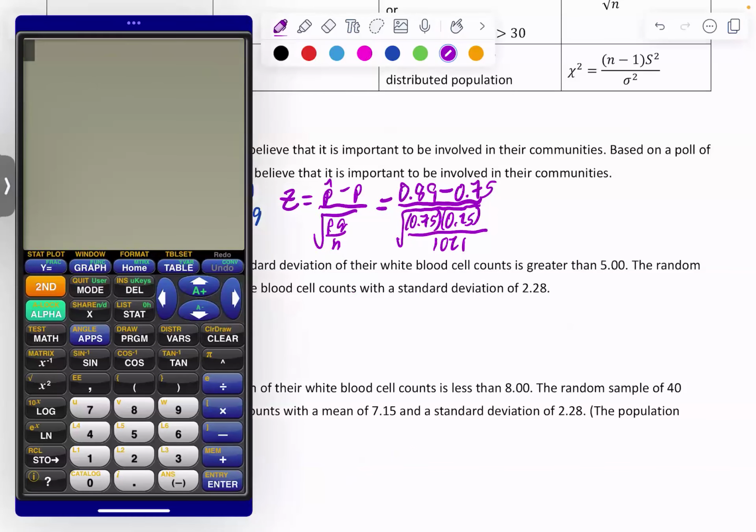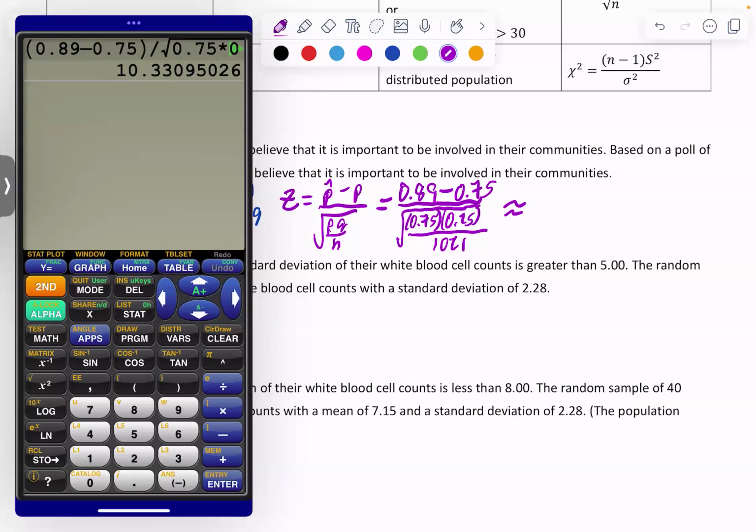The numerator I'm going to put in parentheses, and I'm not going to use parentheses under the radical. That can really mess you up depending if you know how to use your calculator correctly or not. What I mean by that is every calculator will let you or will not, so each one has its own set of rules here.